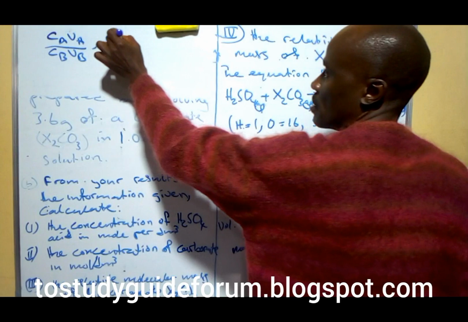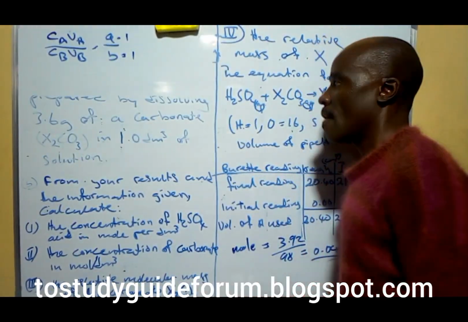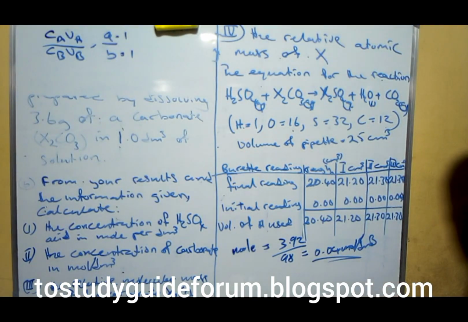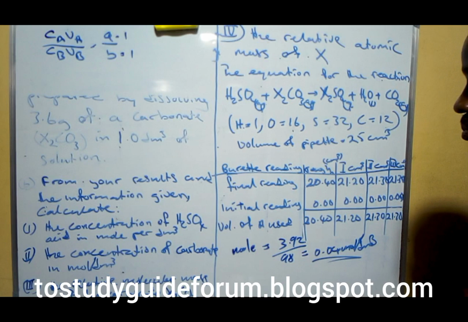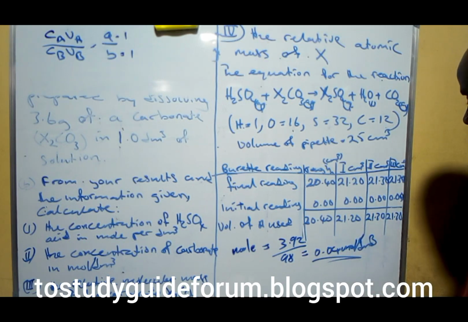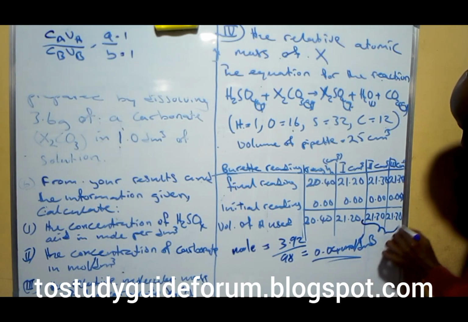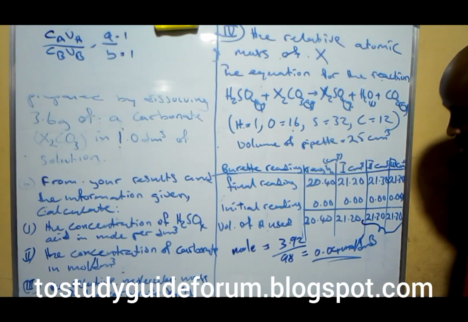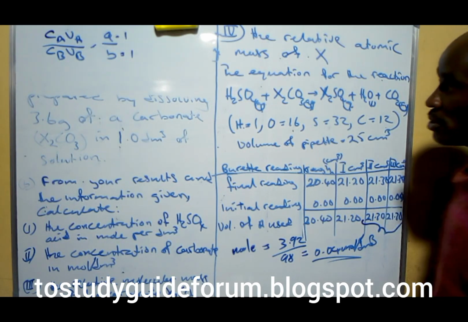We find out that the mole ratio is 1 to 1, and from here we can get our average volume of the acid used. We can go for these two that are closer to each other, which happen to be 21.3, 21.3.